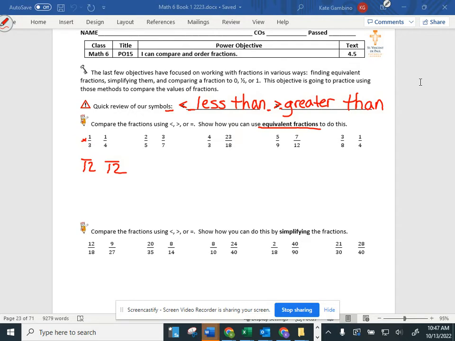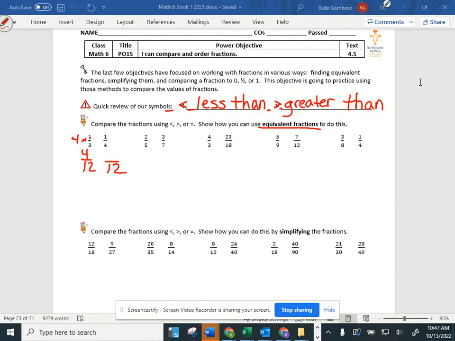Nora? A 4. Notice how I'm writing it. I am not doing this to give you extra work. I'm doing that because it's super easy to forget what number we're multiplying by. So I multiply 3 by 4, so I know I need to multiply 1 by 4.